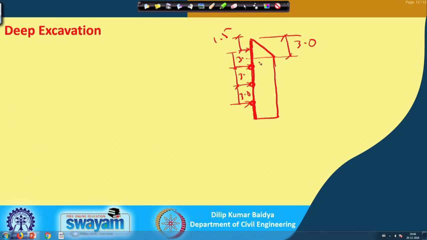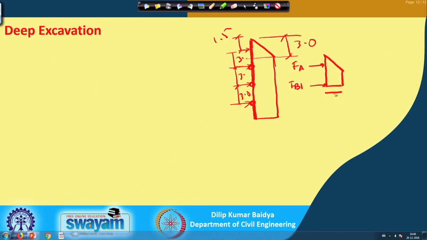The first diagram will be like this, and the second one, so this will be F A, and this will be A B 1.